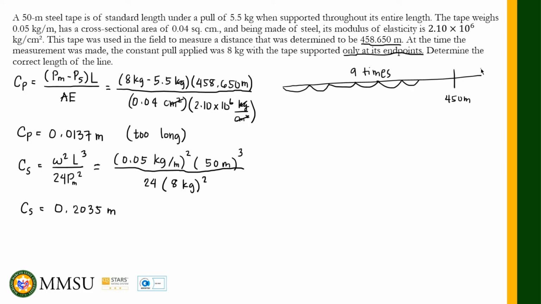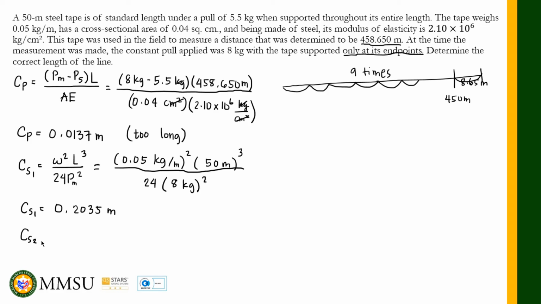So how much is left? We have 8.65 meters remaining. There is still sag here. So let us compute the sag. Let's name these correction due to sag 1 and correction due to sag 2, the small sag at the end.